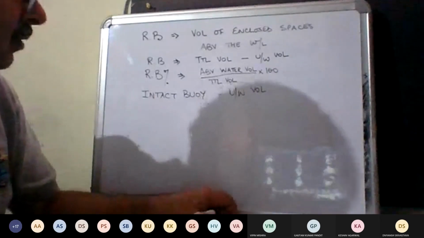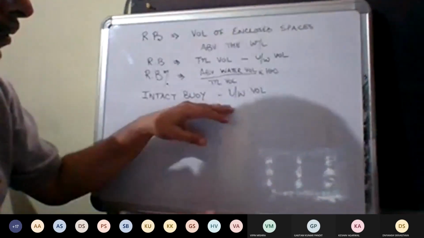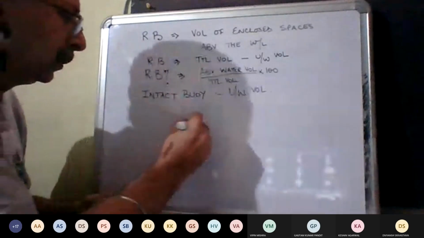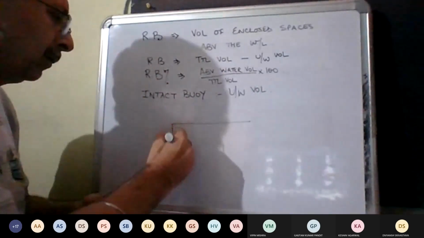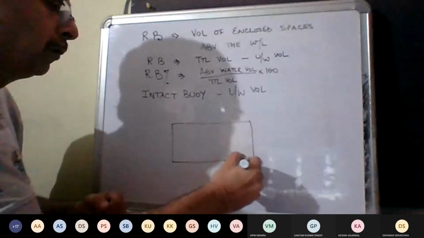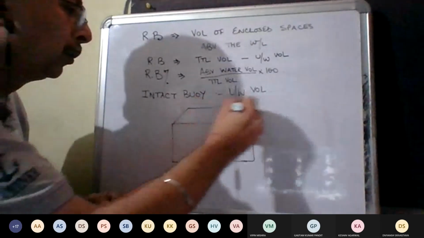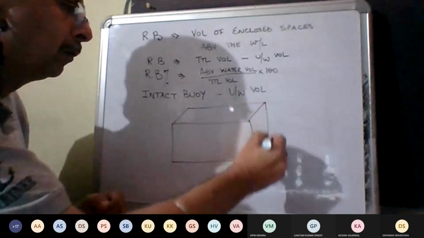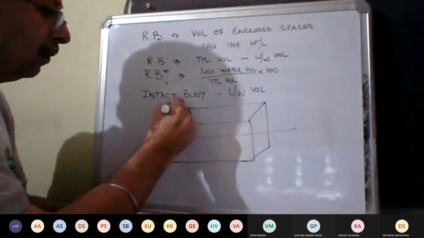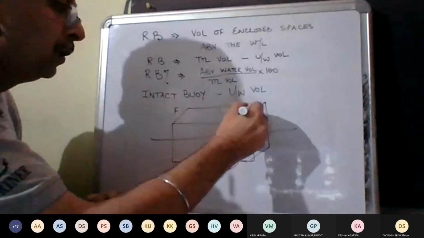Now, this portion of the underwater portion, supposing this is my vessel, box shape I've just shown for ease.